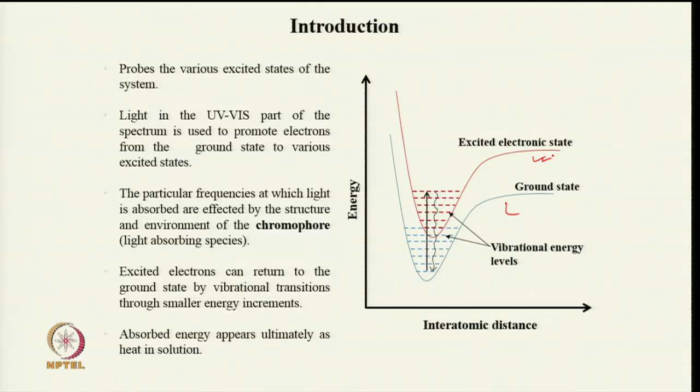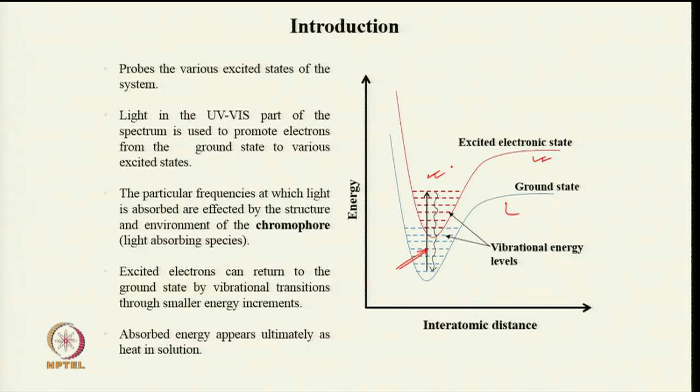Here light in the UV visible region is used to promote electrons from one electronic level to another electronic level. Basically, we are going from the ground electronic state to various excited electronic states.